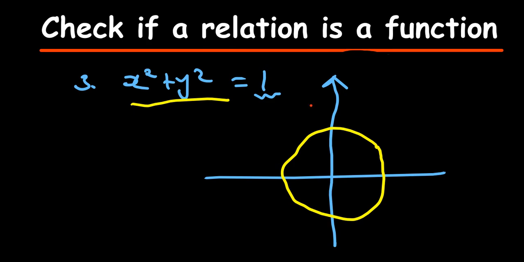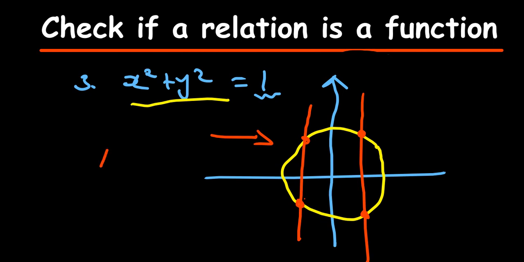If I draw a vertical line like that, even if I draw it like that, you see that this vertical line will cut this curve at 2 points. Immediately you see that the vertical line is cutting the curve at 2 points, so just know that that relation is not a function.